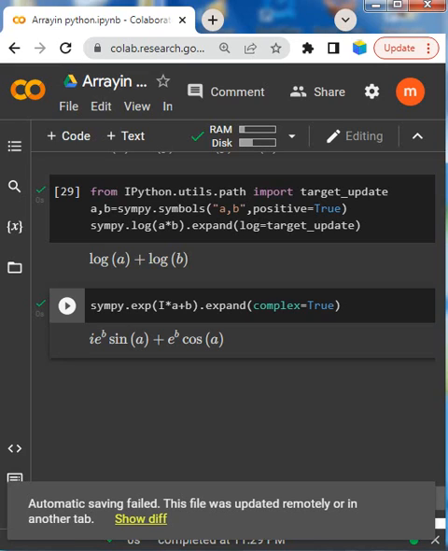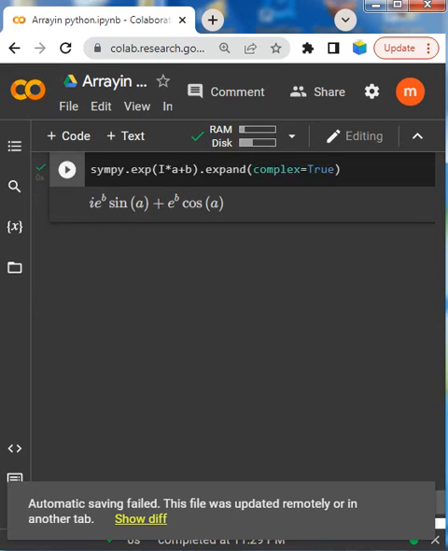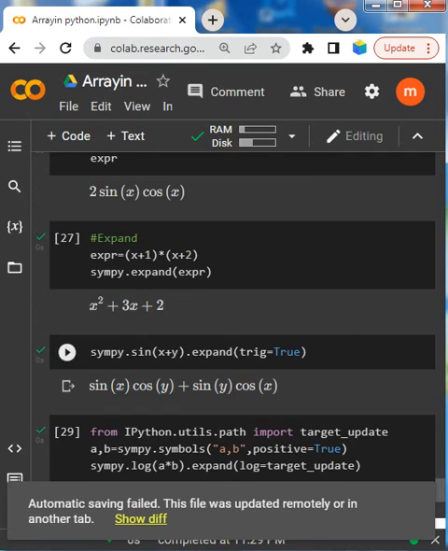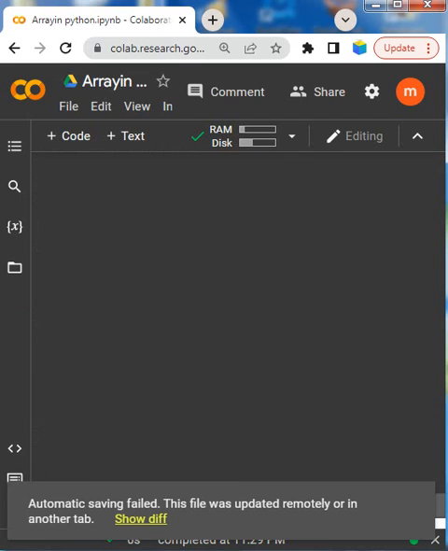So calling the sympy.expand function with these keyword arguments set to true is equivalent to calling a more specific function. So these are very simple and basic ways we can write mathematical equations and also solve.